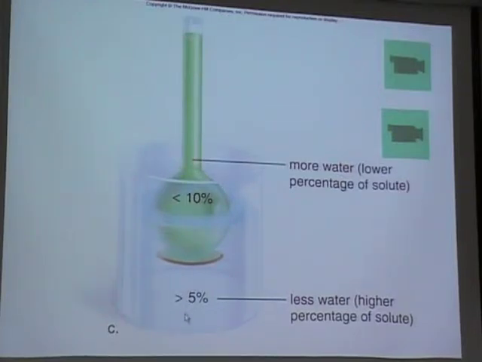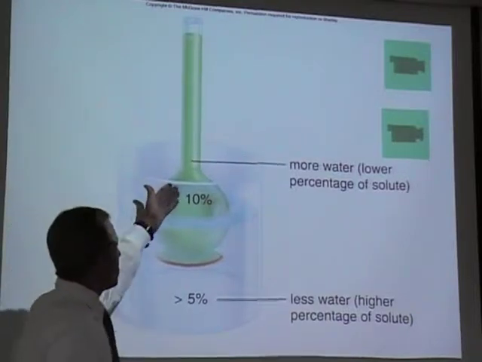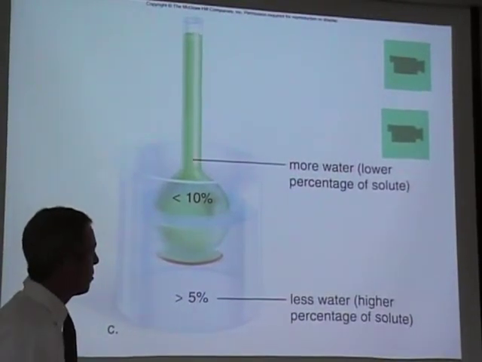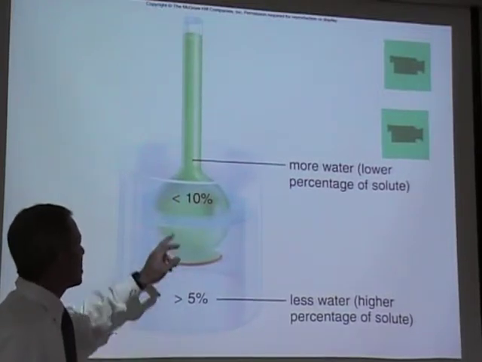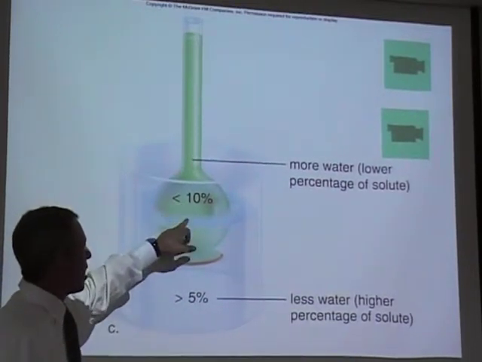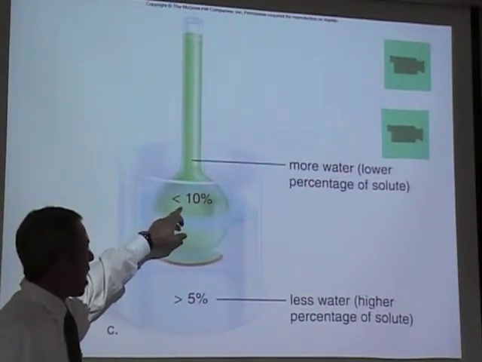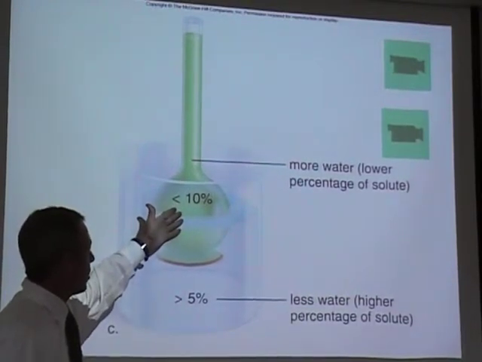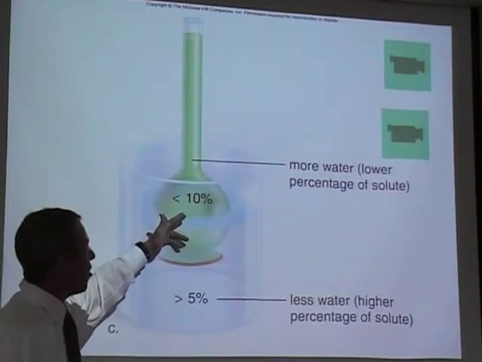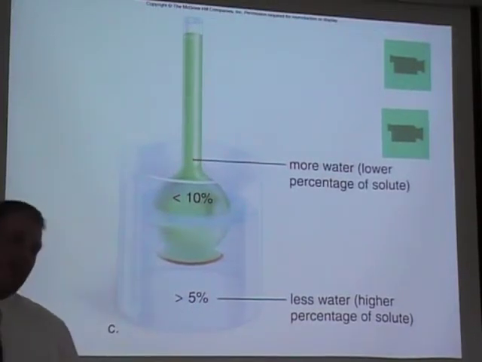Here we have a case where we have two different solutions. This green solution that you see is high in water and low in solute. Do you know what solute is?